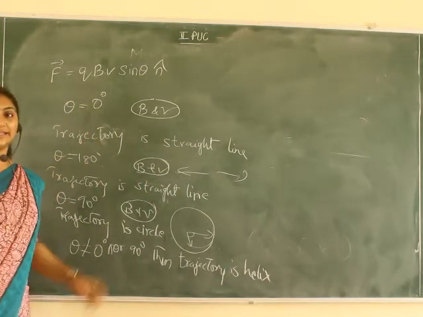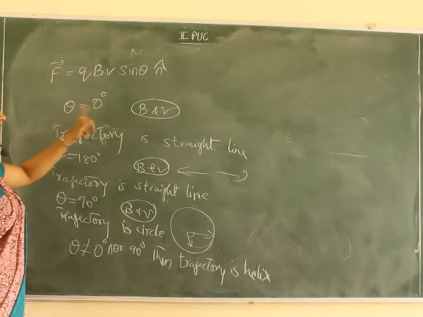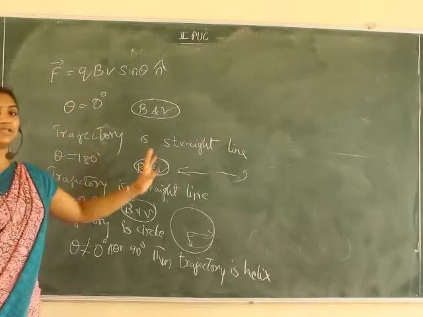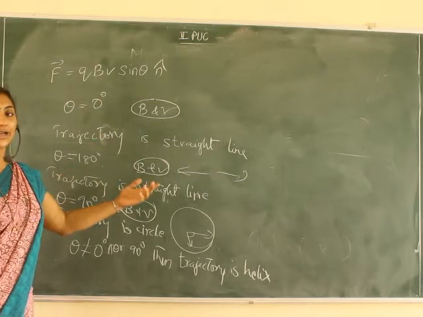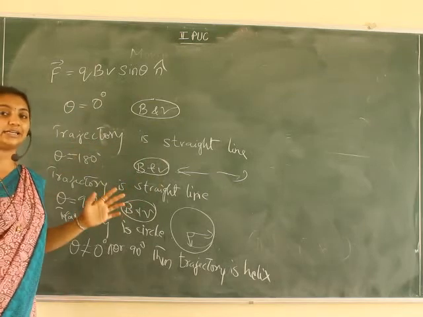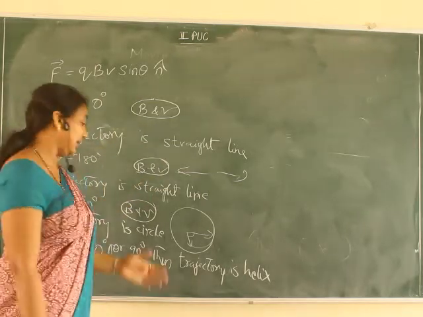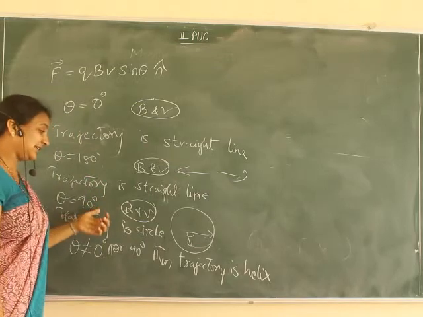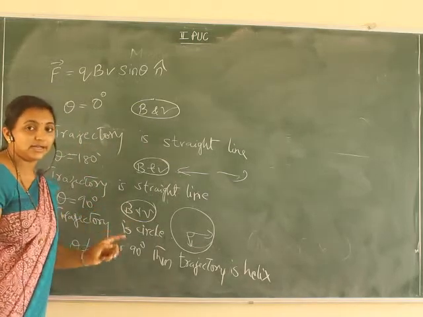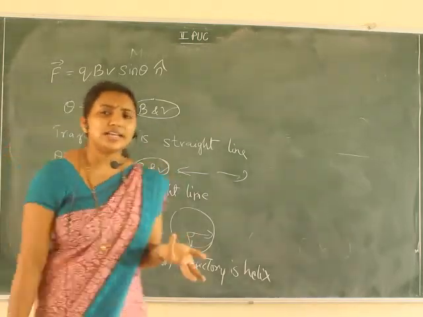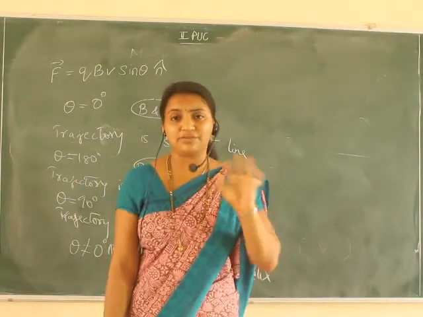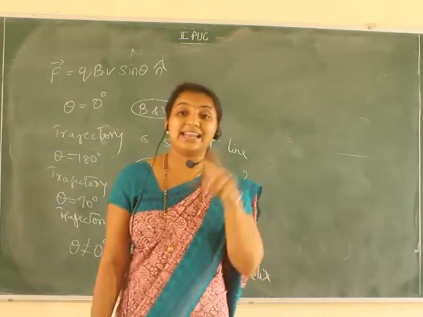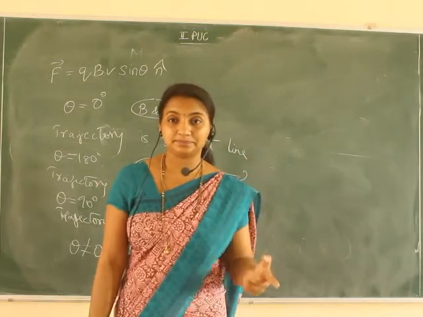What happens when theta is equal to what? If theta is equal to 0, then its trajectory is a straight line. If theta is 180 also, the trajectory is a straight line. But if theta is 90 degree, then the trajectory is a circle. If theta is neither 0 nor 90 degree, somewhere in between, then it is a helix, like a spring.